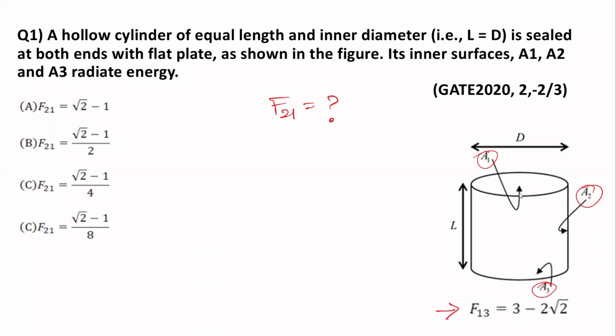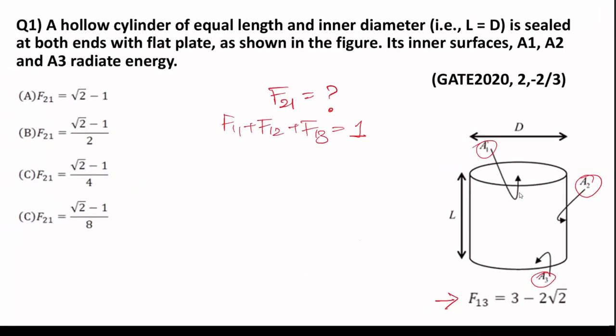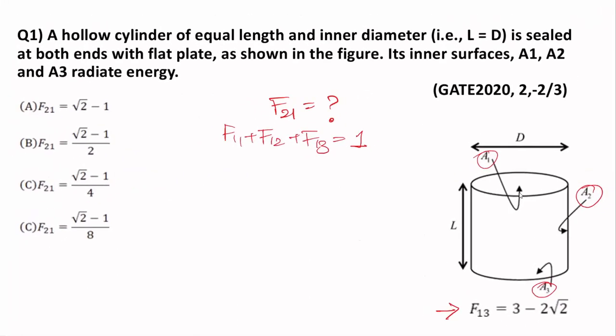I will first use the additivity rule of view factors, which says the summation of all Fij over j has to be 1. So applying that rule, F11 plus F12 plus F13 has to be equal to 1. Now the self view factor for a flat plate is always 0.